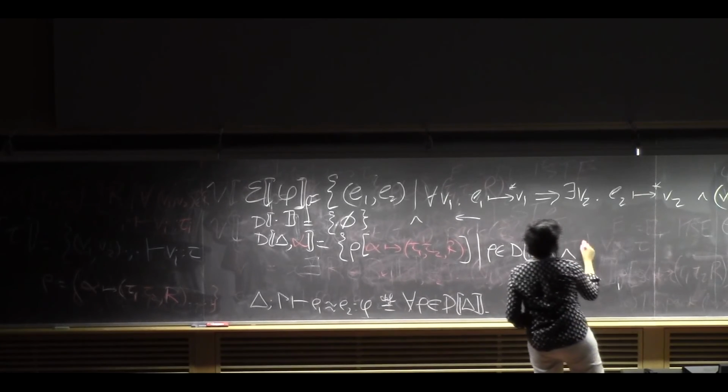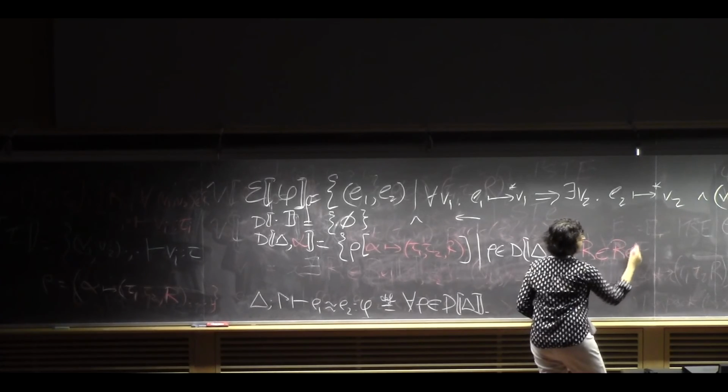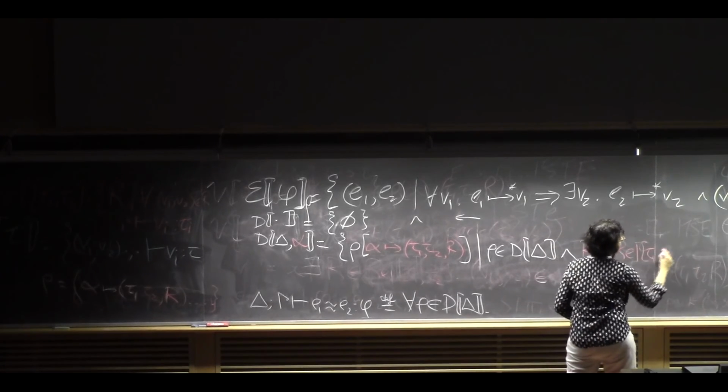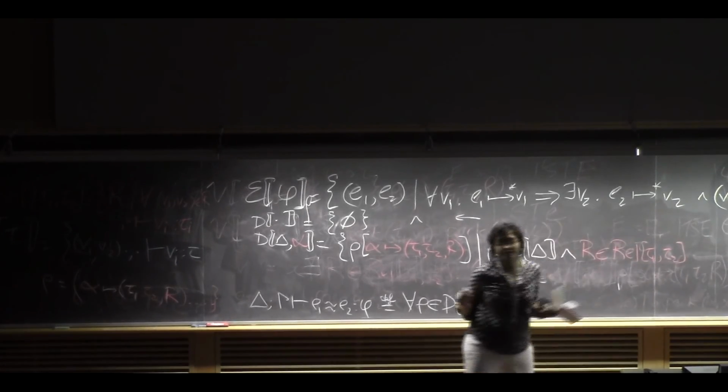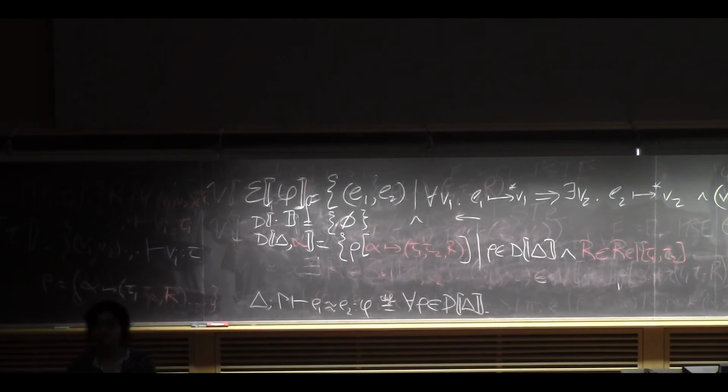What does that mean? Our relation R being a good one means it must belong to rel, whatever properties rel says it should have. In our case, it only says that the values inside the relation R have to be well-typed, of type tau 1 and tau 2.